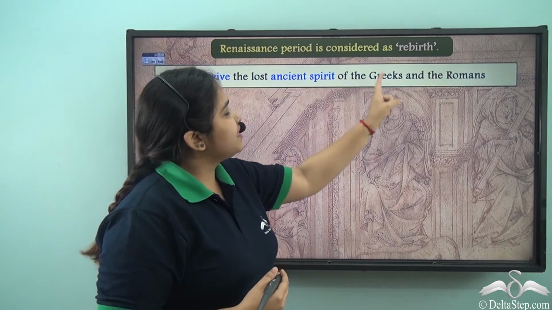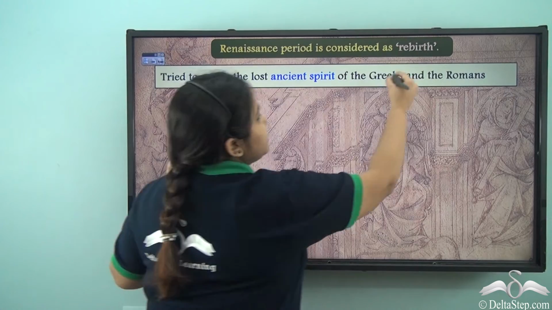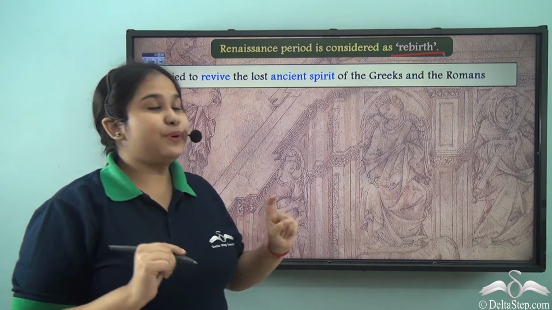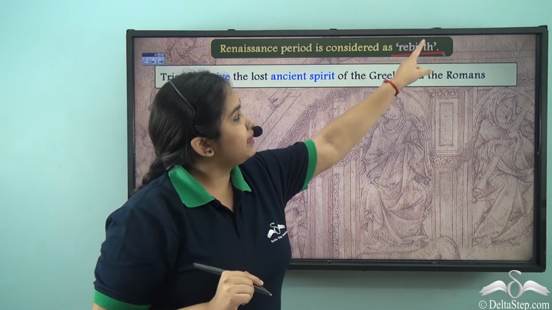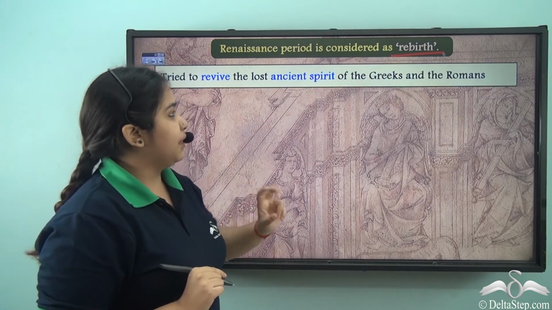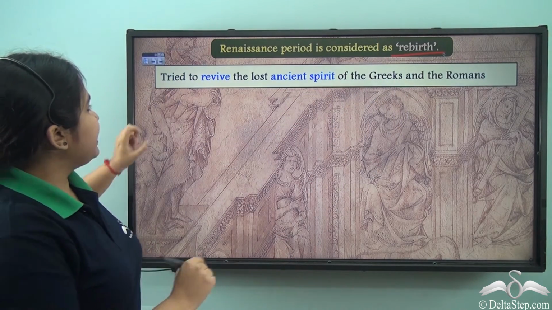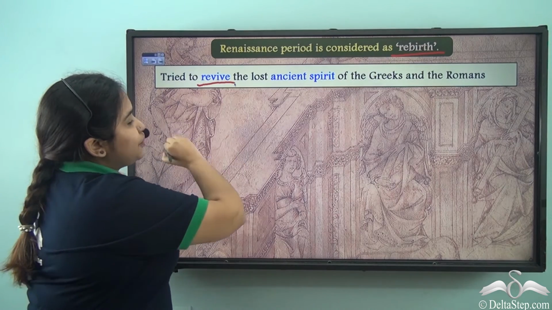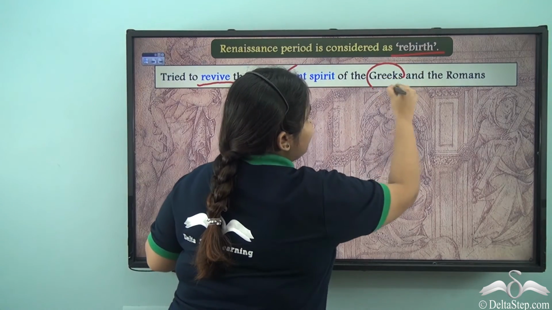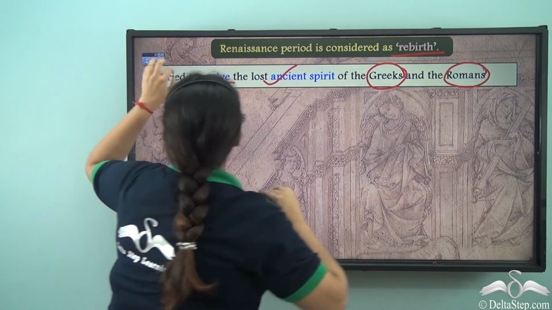So as we have discussed, because Renaissance took inspiration from the classical antiquity, it is also called the Age of Rebirth, right? But why exactly rebirth? In a few pointers, because it tried to firstly revive the ancient spirit that was driven from the Greeks and the Romans.